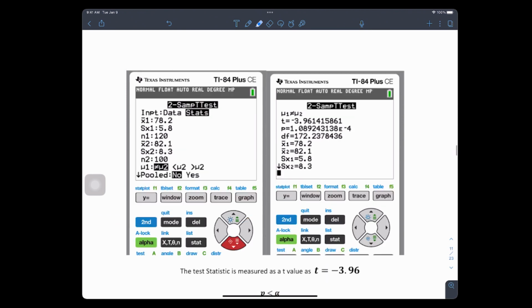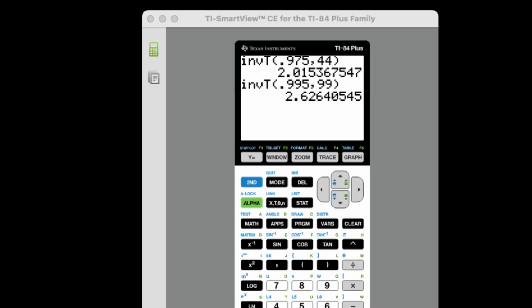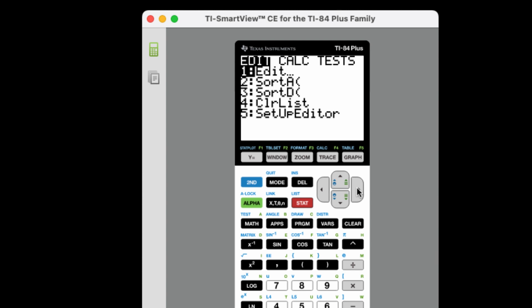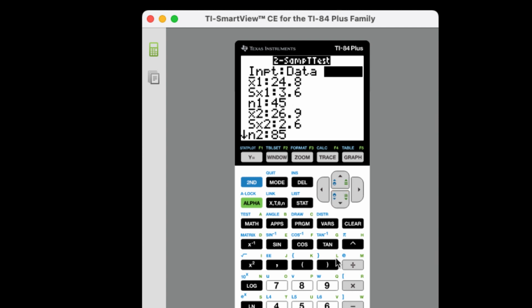So if you guys want me to do that here, we can. Okay? Because I think some people like that, right? Stat. Can you guys just read this, by the way, in the notes? 2-sample t-test. What do we enter? What's the sample mean? First one. 78.2. Is that right? Okay.